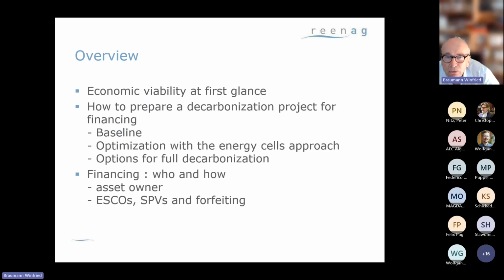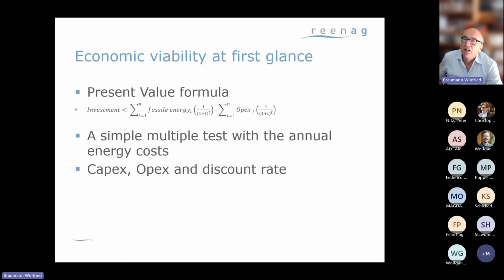I would like to show right at the beginning of my presentation that it is actually very easy to distinguish between uneconomical and economic projects at first glance. The economic viability of energy projects is, as for all other types of investment projects, a question of the positive present value of investments.